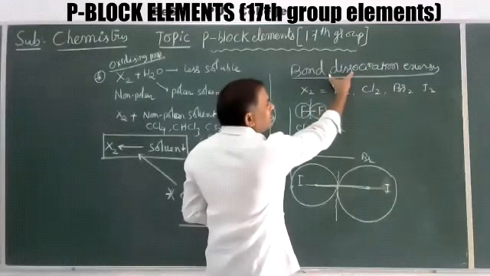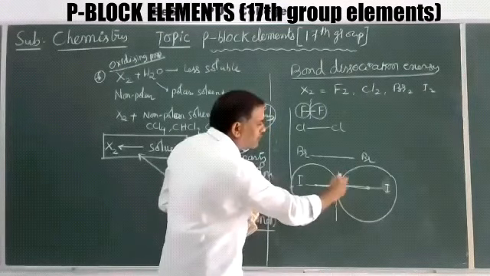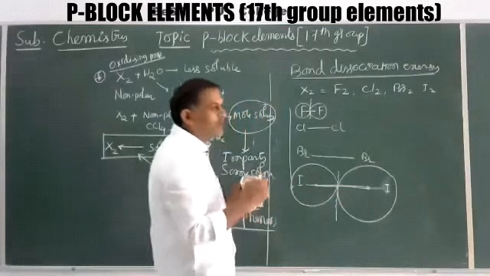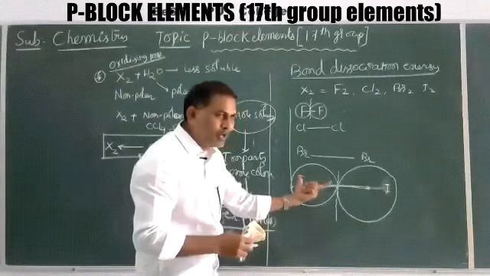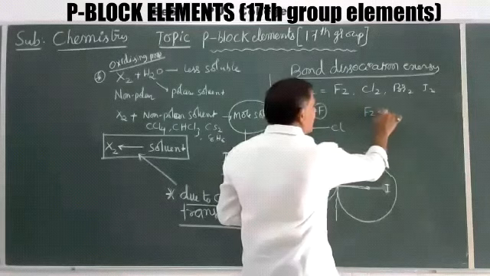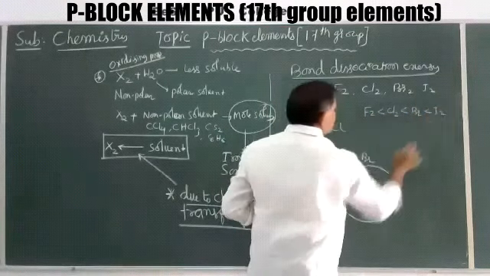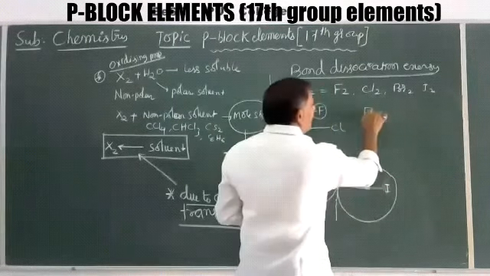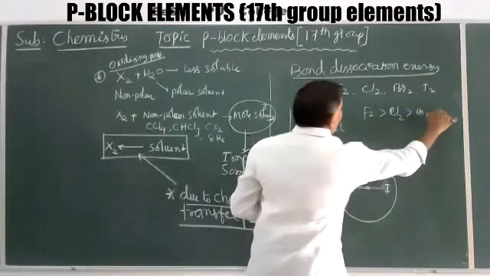Bond dissociation energy is nothing but the minimum amount of energy required to break a covalent bond between two atoms of an element. As size increases from top to bottom, what happens to bond dissociation energy? It decreases. So originally, fluorine is greater than chlorine, greater than bromine, greater than iodine.